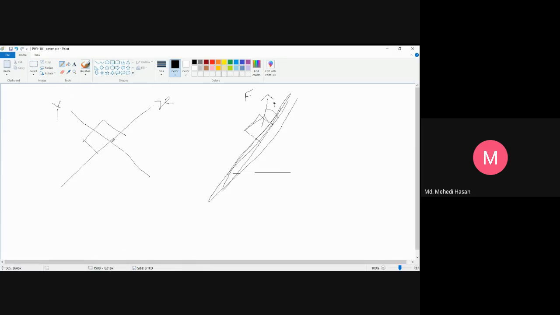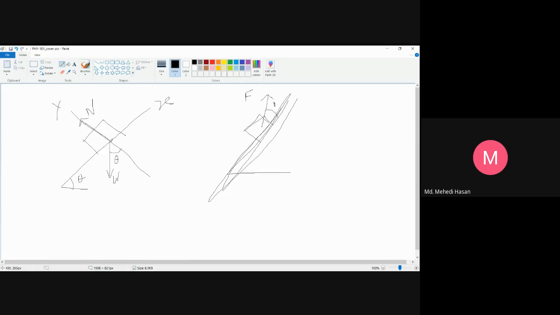Now here we know that the normal force is always involved if the object is on a surface. And the weight is always downward, so weight W. If this angle is theta, this angle is also theta.